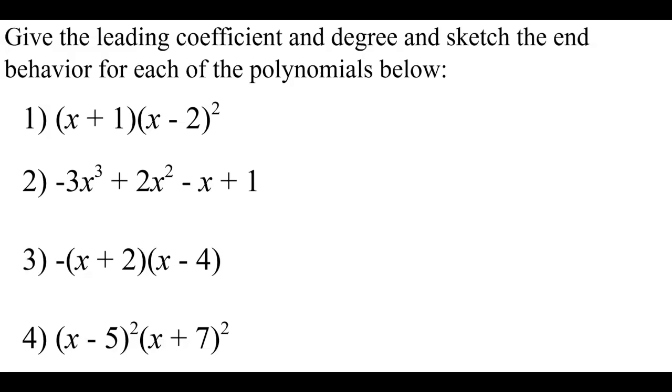So let's do a few practices of these, okay? All I want is the degree, the leading coefficient, and a quick graph of the end behavior, okay? So this very first one, it's kind of hiding, but if you think about it, this is really x plus 1 times x minus 2 times itself, right? That's squared.